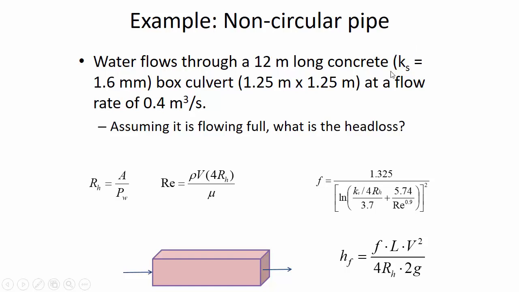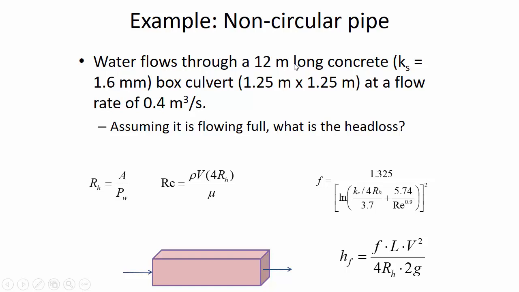That's going to be what we use to calculate the friction factor F. So if it's flowing full, and we know the flow rate, we can calculate V, remember velocity is Q divided by the cross-sectional area. So what's the head loss? How much H sub F is there for this 12-meter long section?